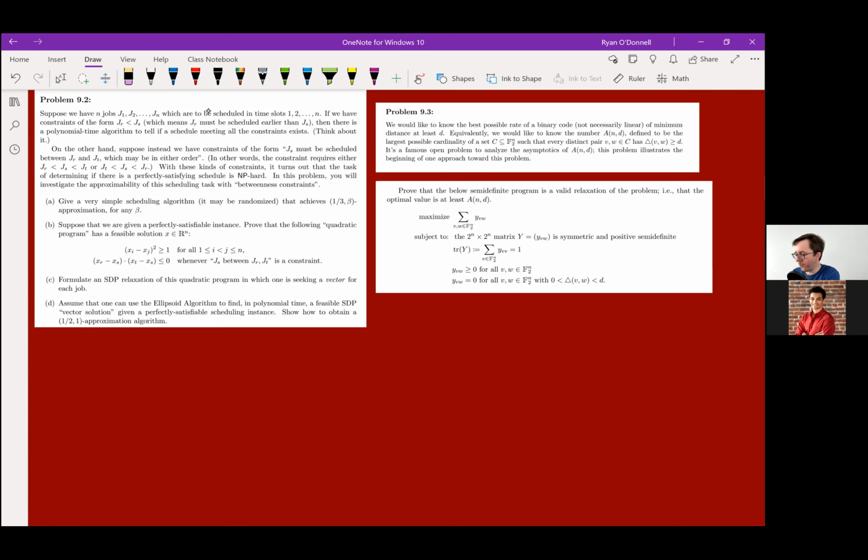So we were thinking of using one-hot vectors for the jobs, where job i gets a vector in n dimensions where it's one for the position it's scheduled in, in some sense. Does that make sense?